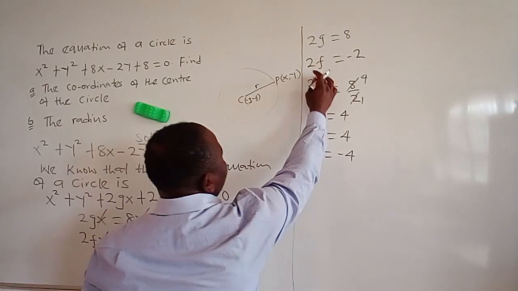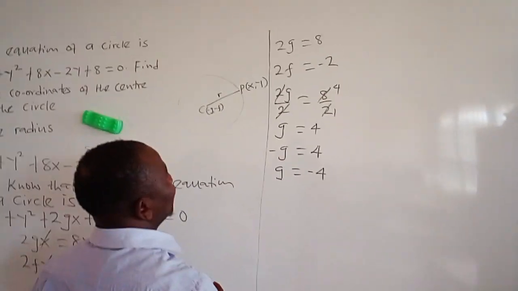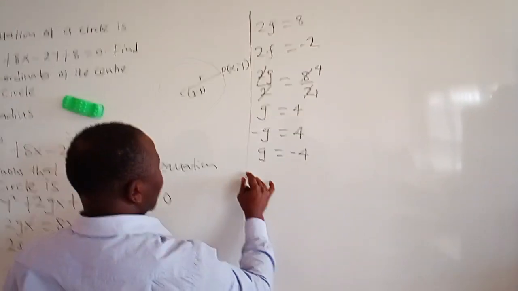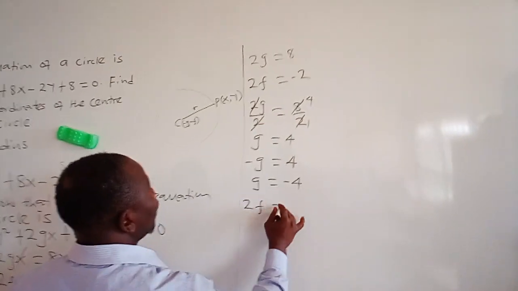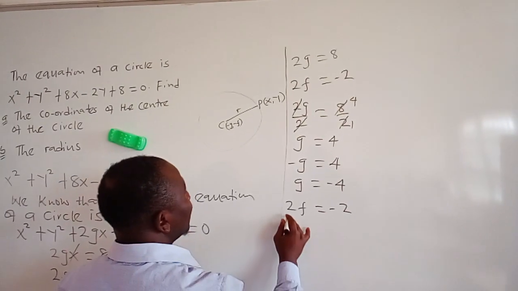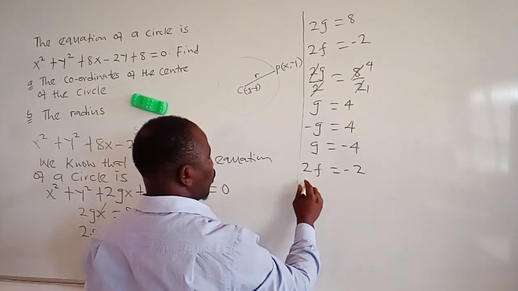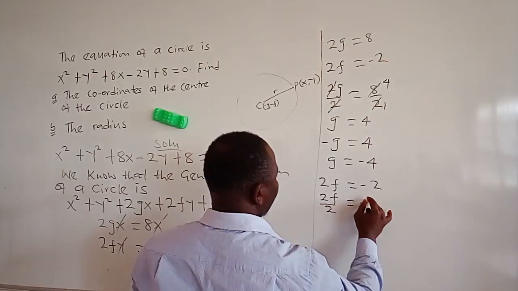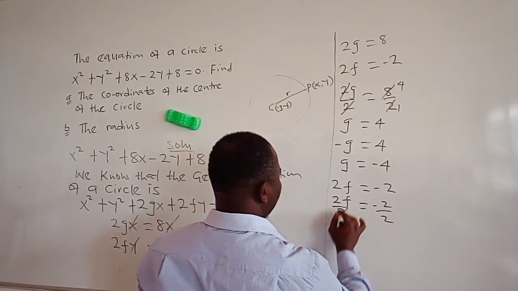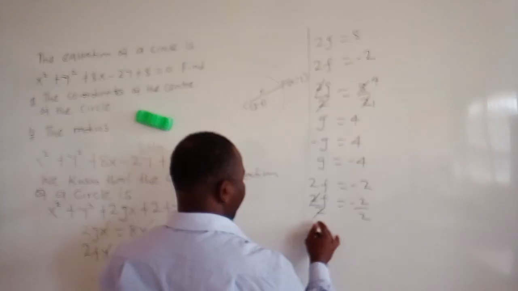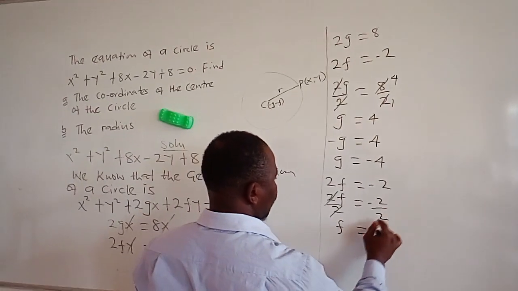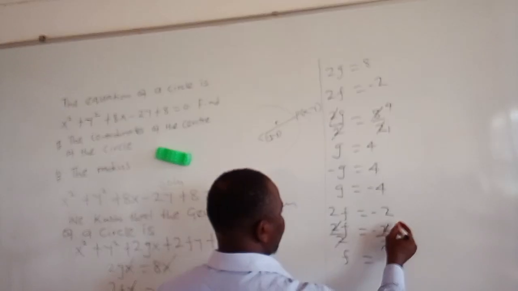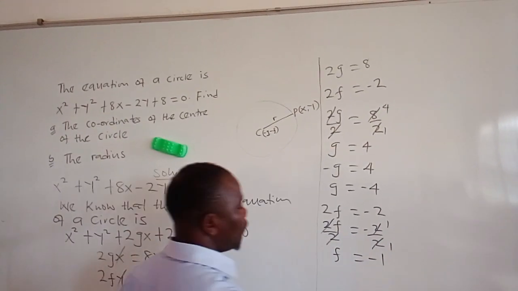The same thing is applicable here for us to obtain our f. It implies that we are going to have 2f equals minus 2. Then if we divide through by 2, we have 2f all over 2 equals minus 2 all over 2. This will cancel. Then our f is equal to minus 1.